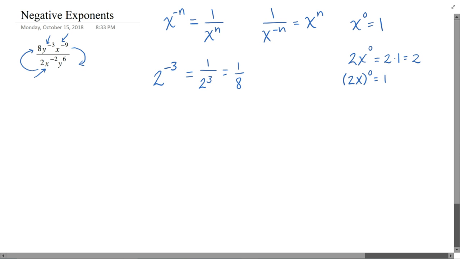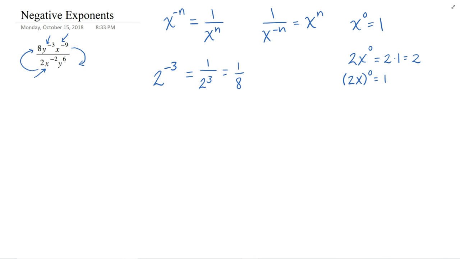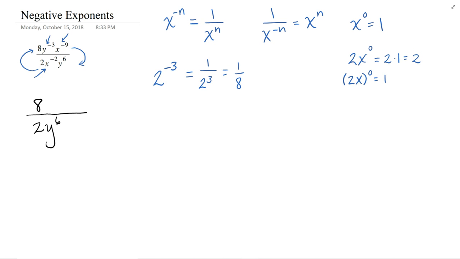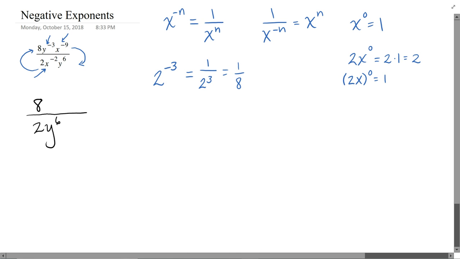So the first thing that I'm going to do is write the pieces that we didn't touch. The 8 didn't have a negative exponent. The 2 didn't have a negative exponent, and y to the 6 did not have a negative exponent. Now I'm going to move the pieces that were negative. X to the negative 2 relocates up to the numerator and becomes x now to the positive 2.